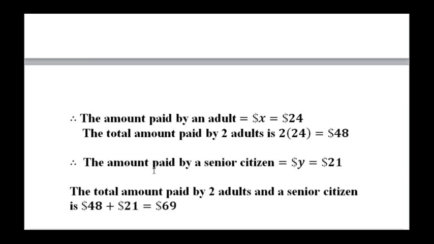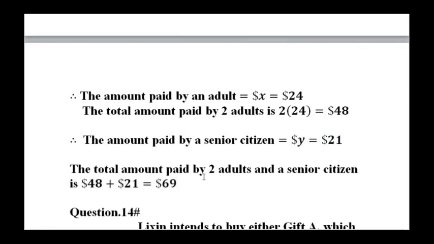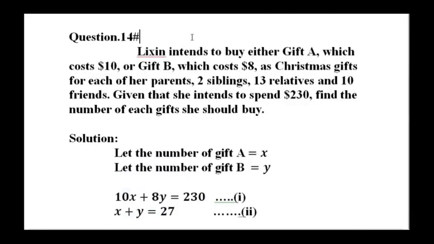And the amount paid by a senior citizen, which we assumed as y, is $21. So the total amount paid by two adults and a senior citizen is $48 plus $21 equals $69.